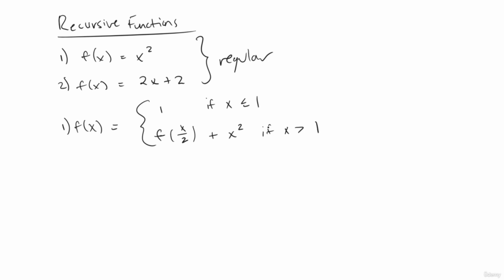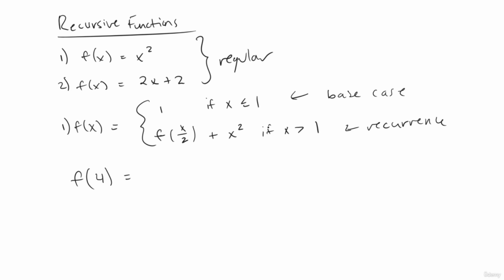And this part right here, recursive functions have what is called a base case. They all have a base case. And then this right here is the recurrence within the function.